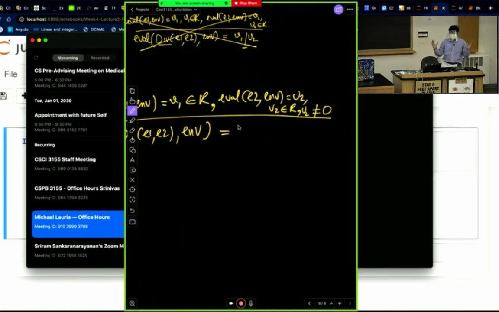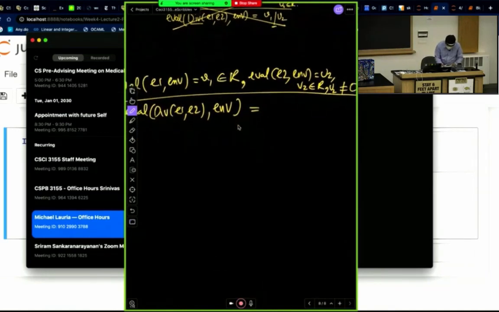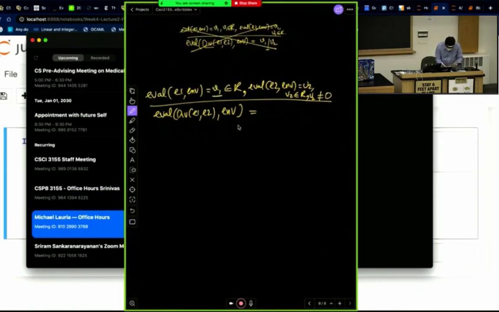All of these are on the top. All of these are assumptions you have to make. So if E1 when evaluated gives you a number, E2 when evaluated gives you a number, and that V2 number is not 0, then the whole thing is V1 by V2. This is safe. Let's call this rule division OK. I will give my rules a name.